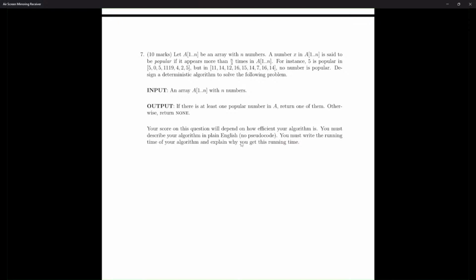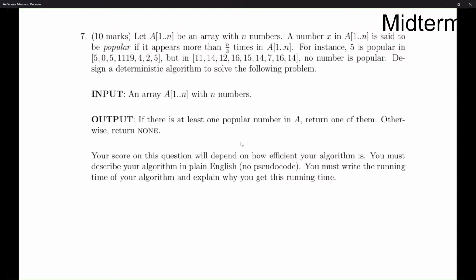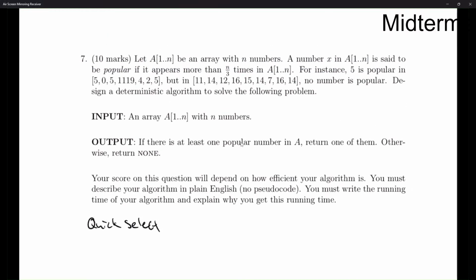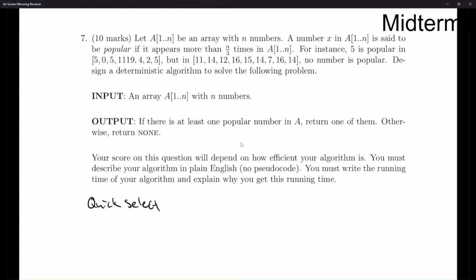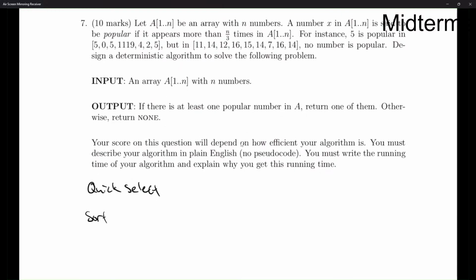Okay, use selection. Obviously there are some things that you can do. You want to be popular, so we can use something called quick select, or sort and count.